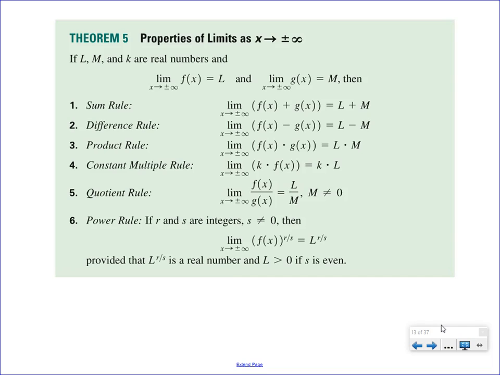No. 1 and 2 and 4. Not 3, not 5, and not 6. 1 and 2 and 4 are mimicked in derivatives. And we could go and break down the definition of the derivative as a limit, and see why it works the way it works. We might not though. Anyway, the properties are there.